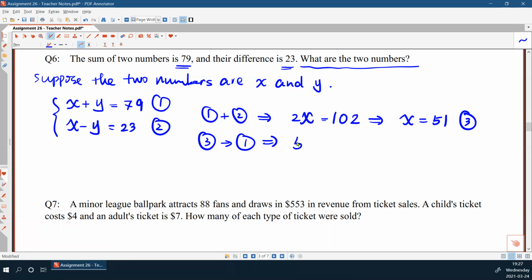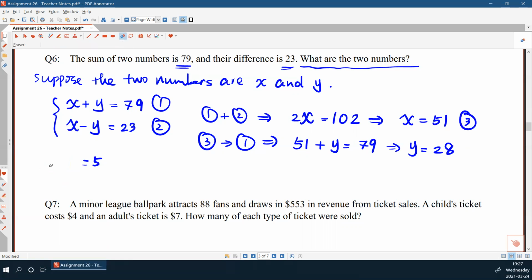This will give you 51 plus y equals 79, right? And from here you can solve y is 28. Sorry, I made a mistake here. 28, yes, 28.